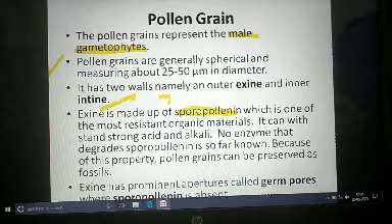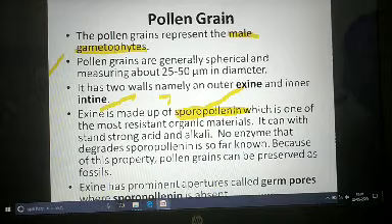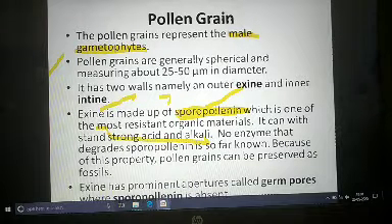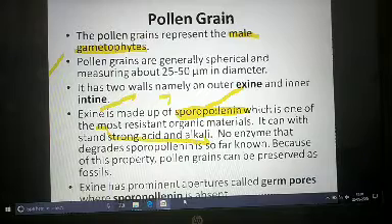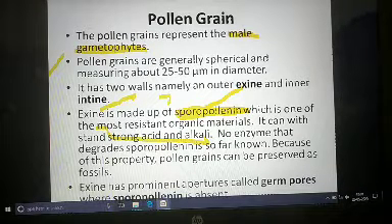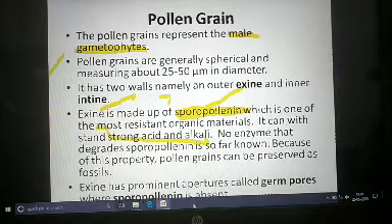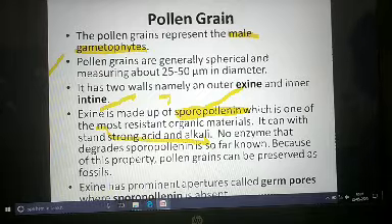Sporopollenin is one of the most resistant organic materials. It can withstand strong acids as well as alkali. So the exine wall will not rupture even if it is kept in acid or base. It is such a hard material.